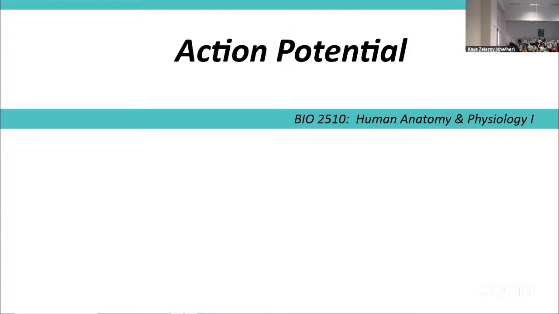So we add up graded potentials. We potentially hit this threshold of -55 millivolts. If we do, a cascade of reactions follow, leading us to this action potential, which is a depolarization, a spike up to +30 in the membrane potential.